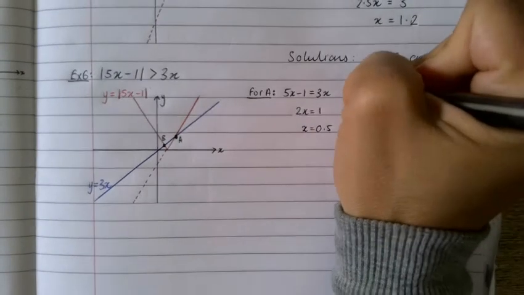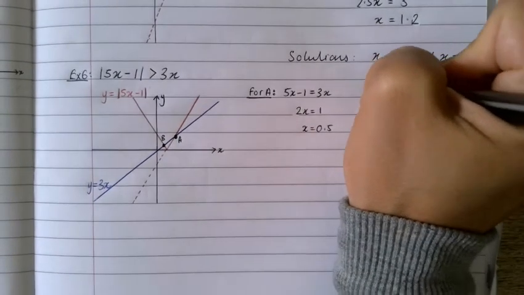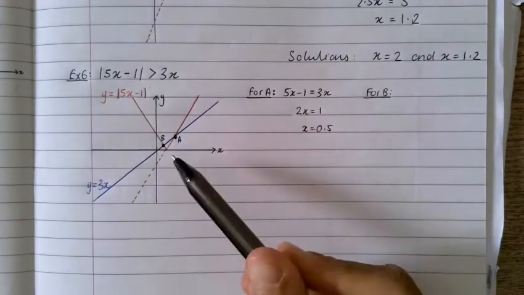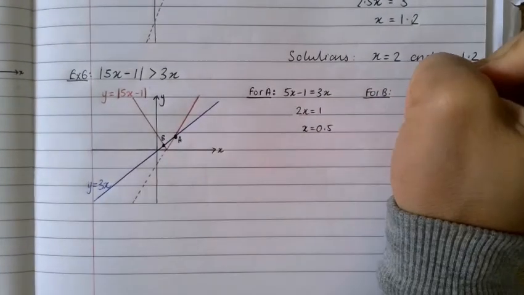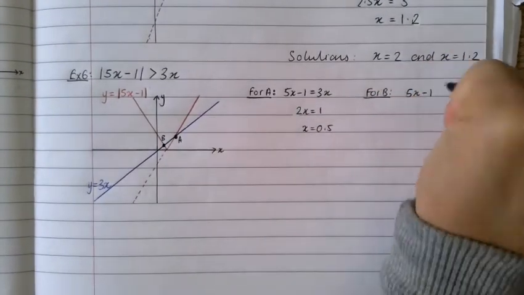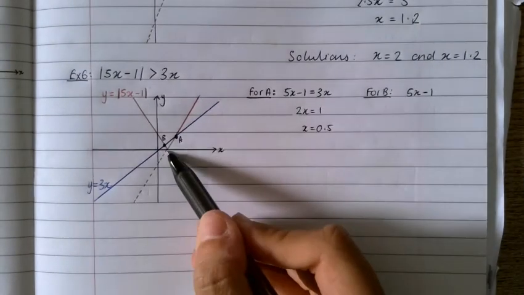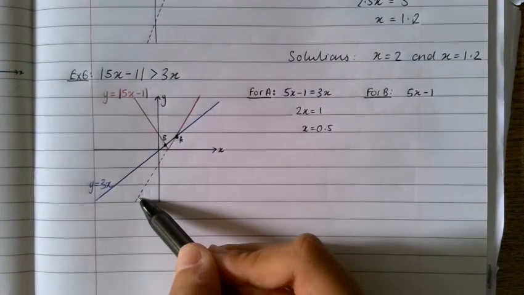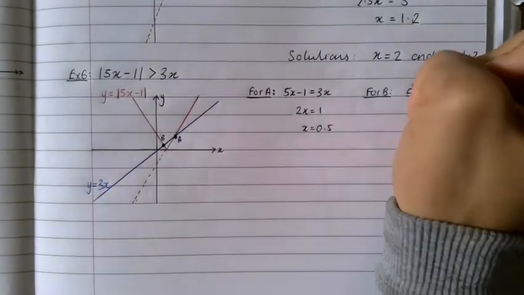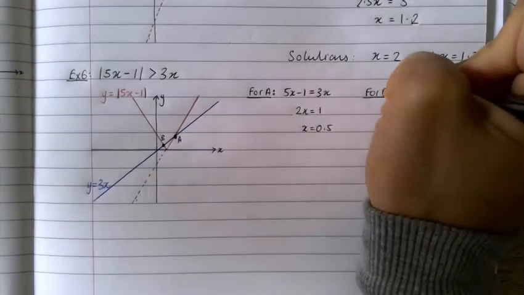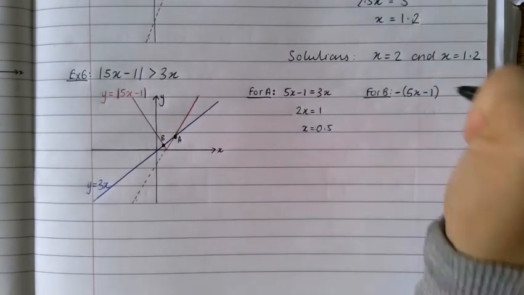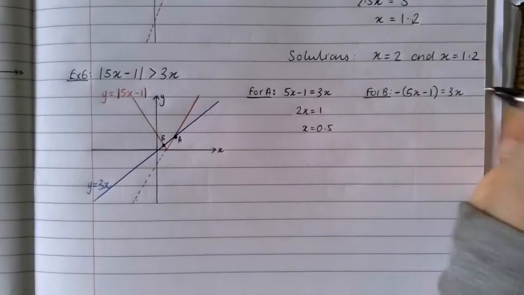And then for B, we have the graph of 5x minus 1, but it's the part that's been reflected, isn't it? It's all of these negative parts that have been multiplied by -1 to make them positive. So there we go. And that's intersecting with 3x.